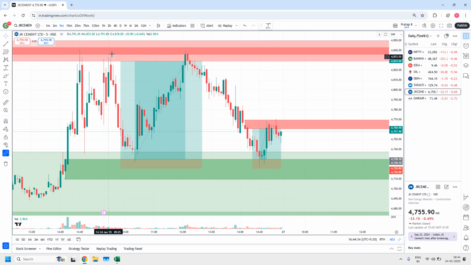Maybe in the morning trade you will have a fear: maybe this time it will be violated. This is my first trade. And moreover, this is a 15-minute zone. It is not a 75 minutes or daily high liquidity zone strategy. If it is daily or 75 minutes, at least I have an 80% guarantee of success. But here the success guarantee is less.